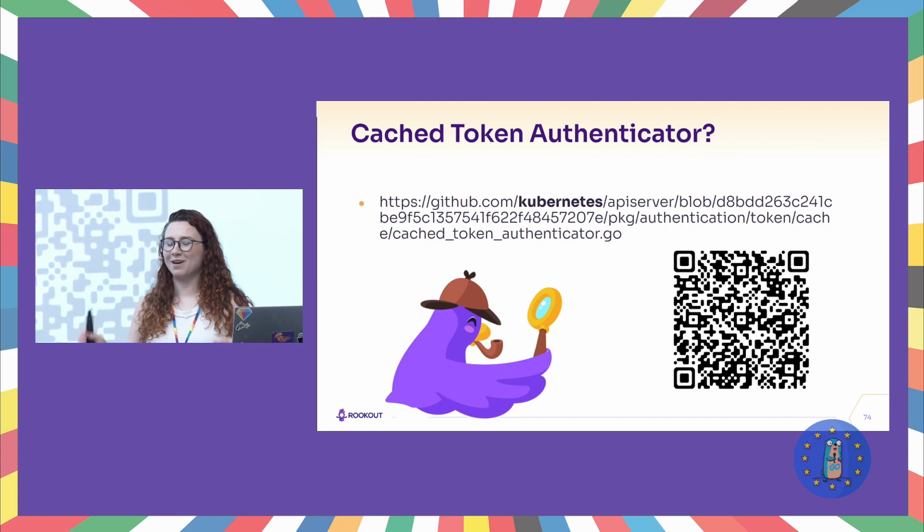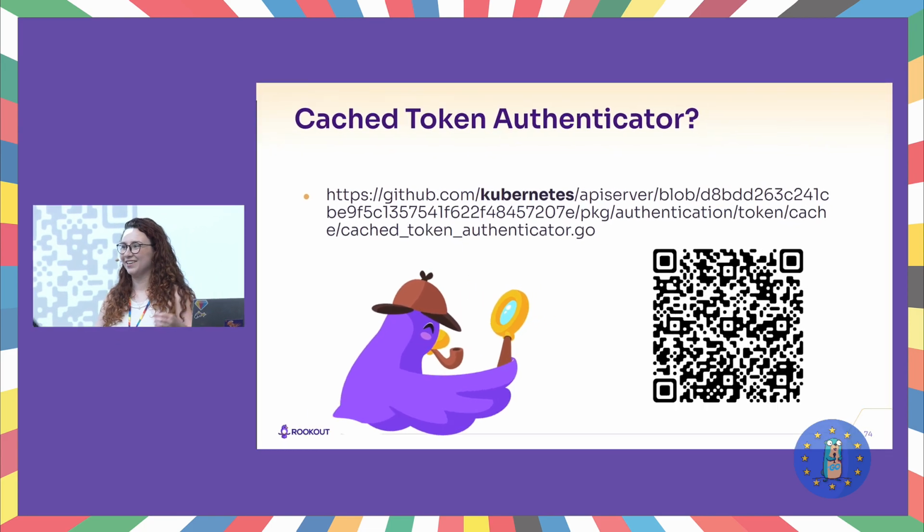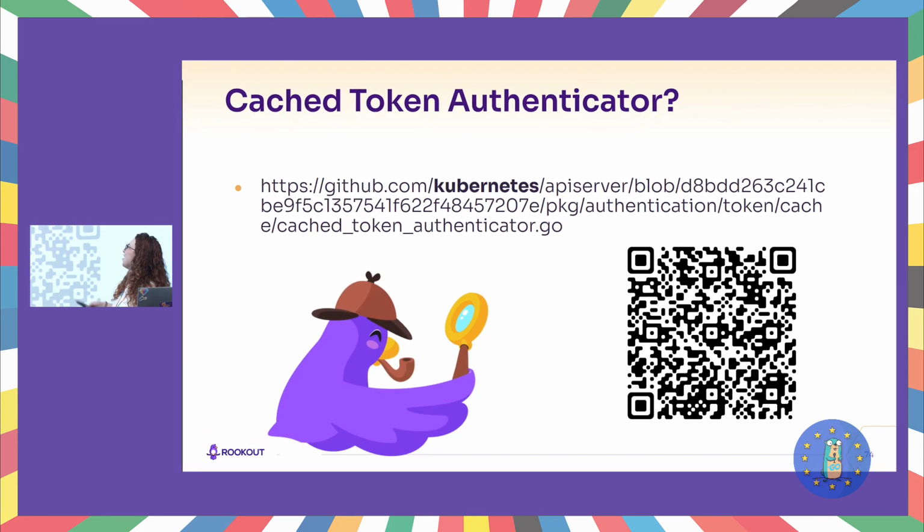I did not want to come on a stage and say cache token authenticator 20 times. That was not fun. But the reason I took it and used that example is because it's the exact code, or almost the exact code, as a Kubernetes implementation of a cache token authenticator, which you can find here. There's the barcode that will lead you there, too, because I'm technological like that.